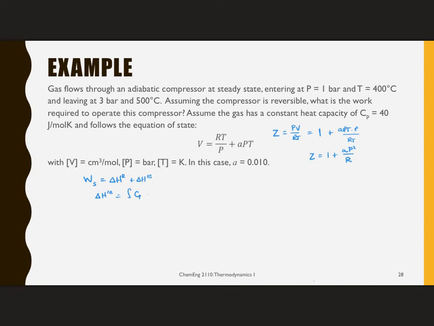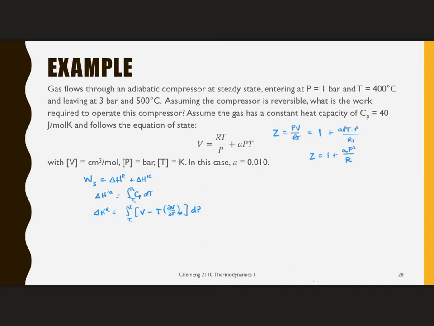It's Cp dT from T1 to T2. Delta H residual, well, let's look up our formula. It says that it is the integral of V minus T times dV/dT at constant P, dP, from P1 to P2.